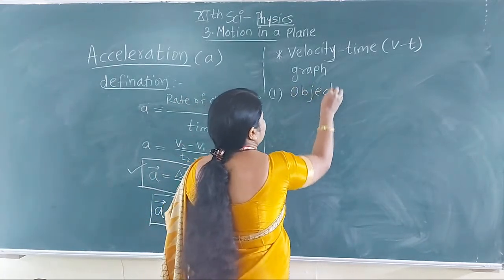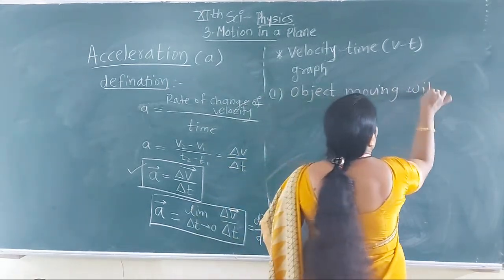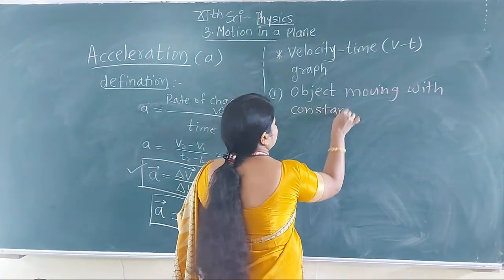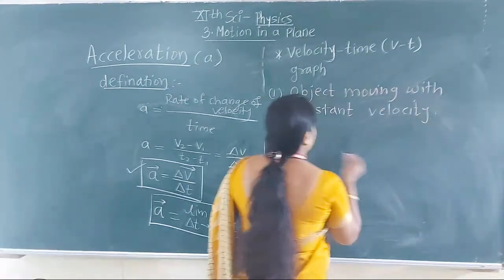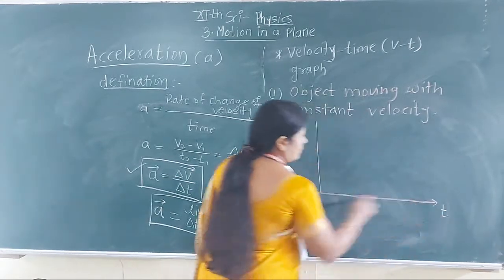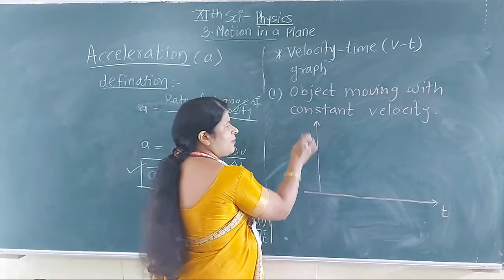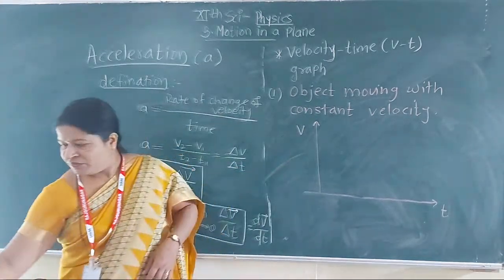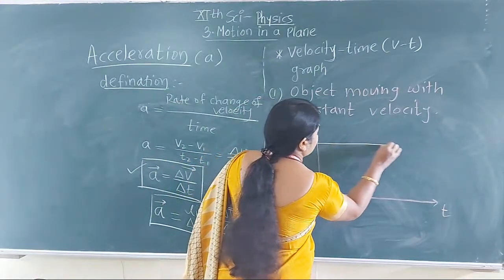Object moving with constant velocity. Along the horizontal axis we take t for the time axis, along the y-axis we take v. The object is moving with a constant velocity.